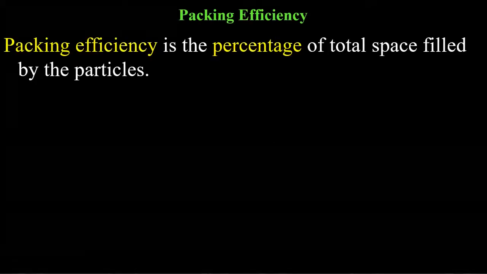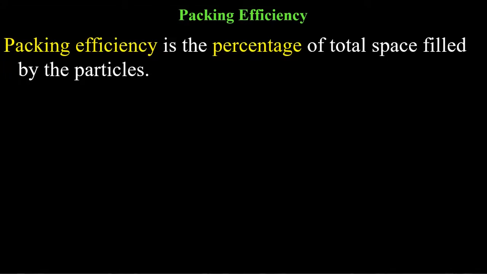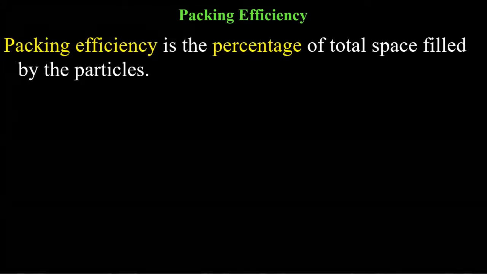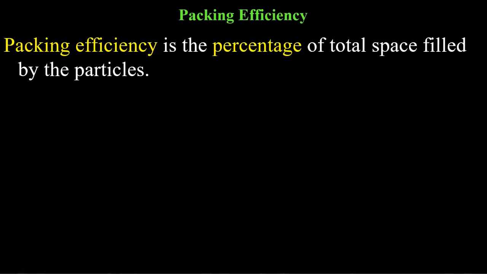Now packing efficiency. Packing efficiency means how much space in the lattice is occupied per unit cell. So a simple primitive unit cell has atoms only at corners. Face centered has atoms on faces also, end centered has them on opposite faces also, body centered has one atom in the body also.